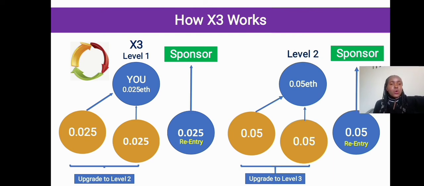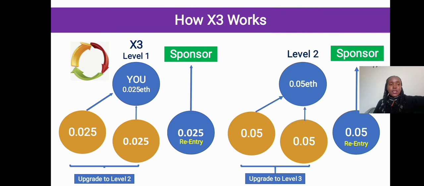How about what happens? This is you with 2 slots. Now, what happens when you make a direct sale or you refer someone who activates more slots than you? You have only activated 2 slots.